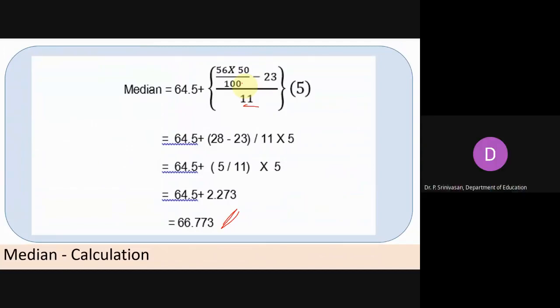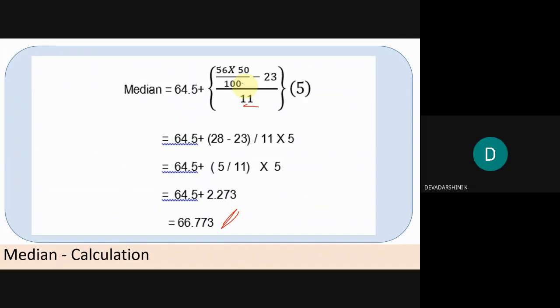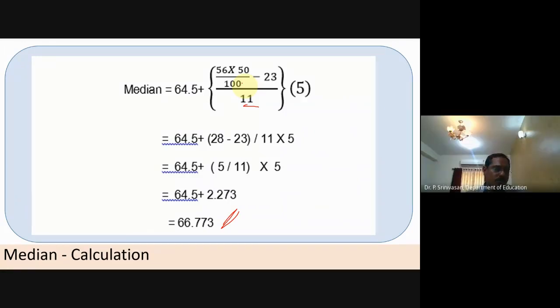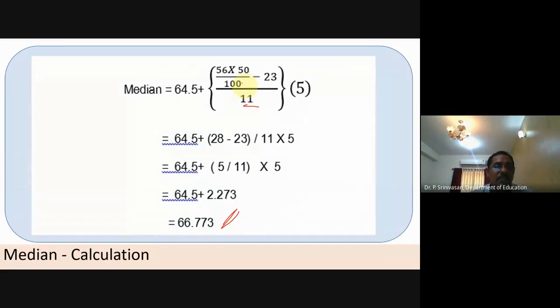And what is the last part in central tendency? Mode. What is mode? The number which occurs most in the data, the one that is repeated the most number of times. What is the normal way to find the mode for ungrouped data?